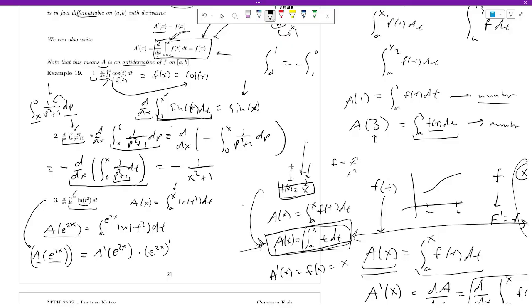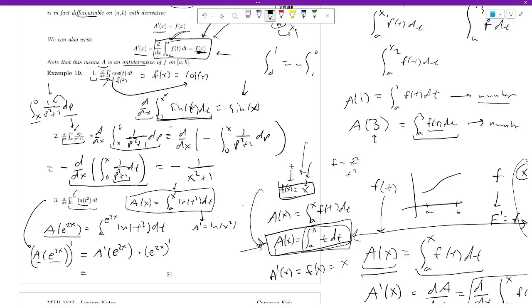Okay, cool. But what does this look like? Well, a prime. Oh, I know what a prime is, right? A is this guy, and a prime, by the fundamental theorem of calculus, is just this inside function. So the derivative, this function a prime, is just log of x squared.